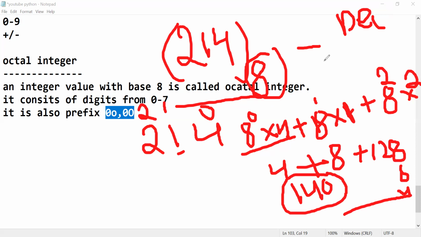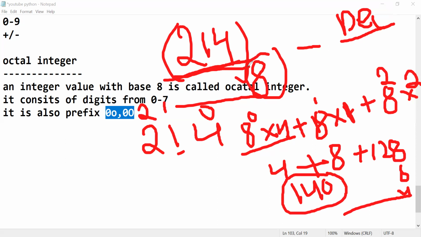This is the process, guys, to convert an octal integer into a decimal integer. If you want to convert an octal integer into a decimal integer, you need to multiply with the base value 8.